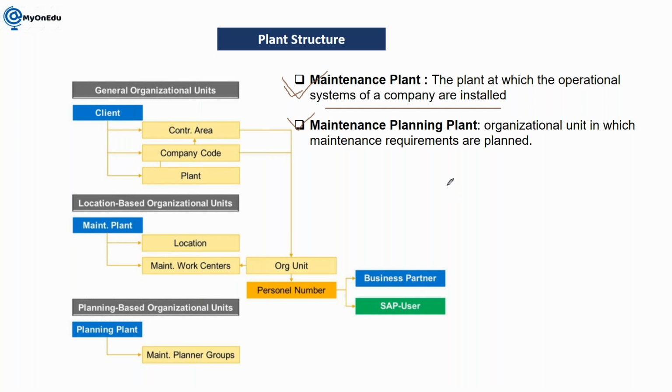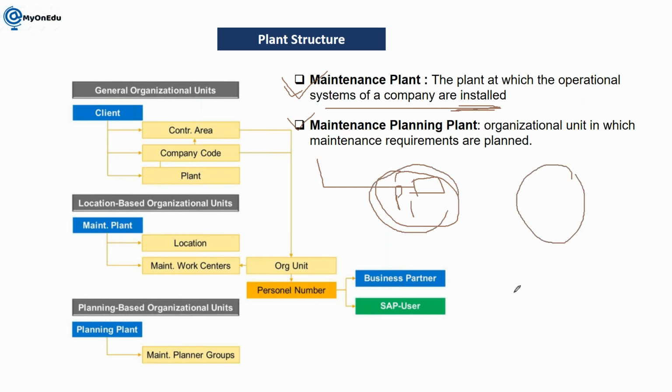And maintenance planning plant is the organization unit which is responsible for doing the maintenance for this equipment. Let's say this is P1, and at a particular functional location your equipment is installed. To perform the maintenance activity, the same plant may be involved or a different plant may be involved. Let's say there is one more plant, P2, and P1 is the plant where my equipment is installed.